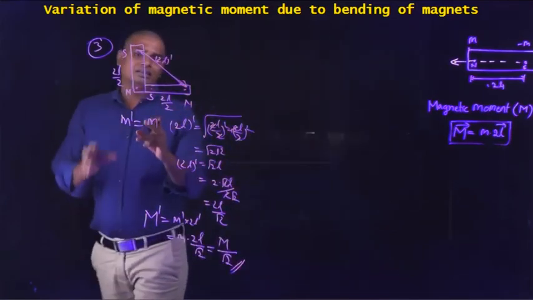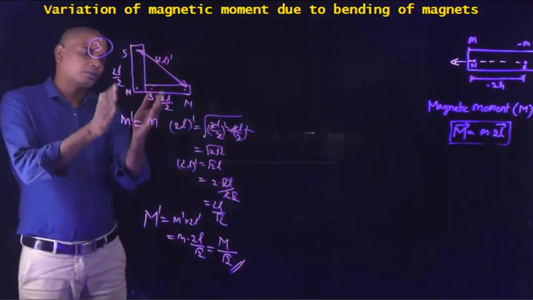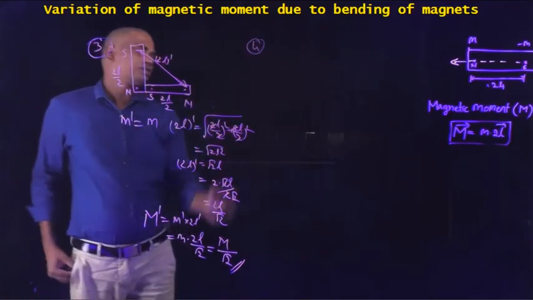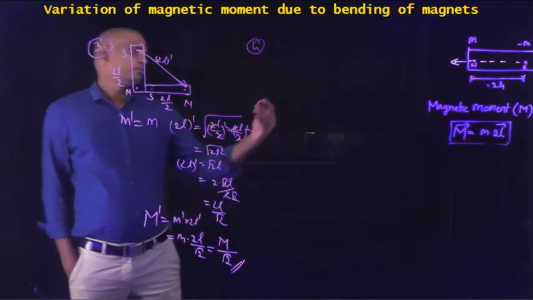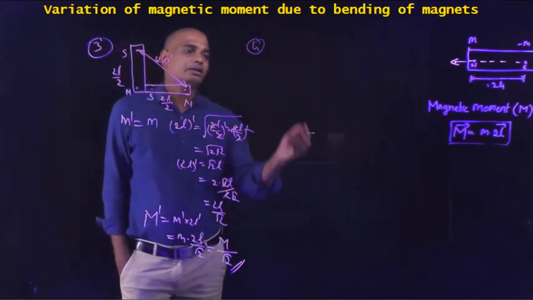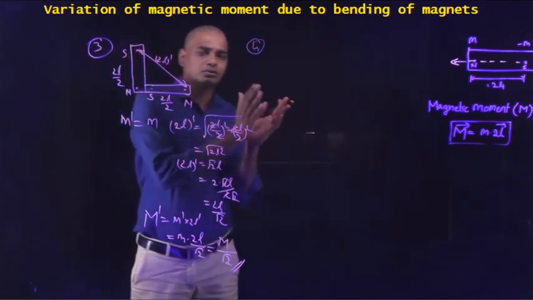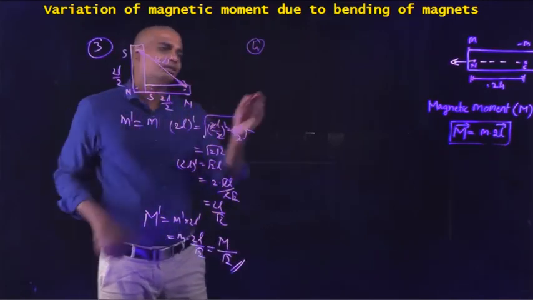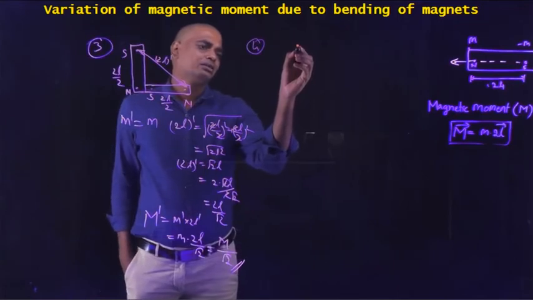If it is not bent in the form of an L, or is bent with some angle, in our next topic we consider when the bar magnet is bent in the shape of an L but not at 90 degrees, at an angle theta.